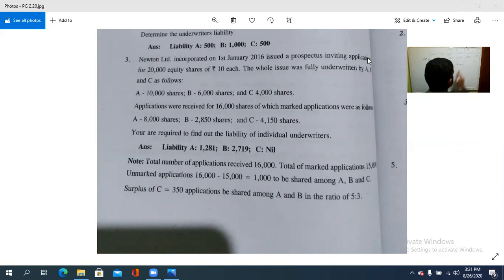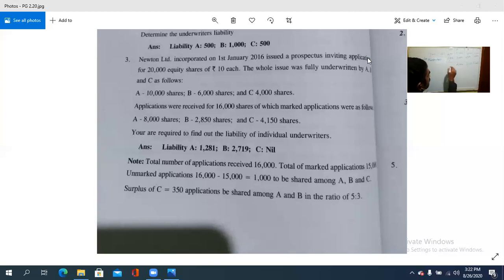So here it is 2,000. 6,000 minus 2,850, it is 3,150, and minus 150. Okay, minus 150. Then unmarked application. So it is 2,000 plus 3,150 minus 150.